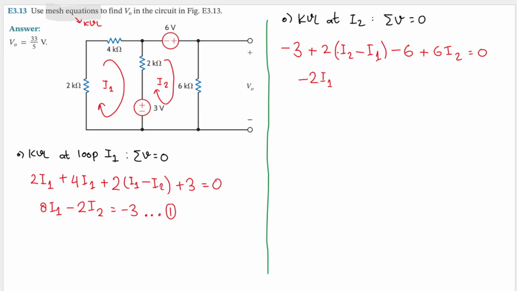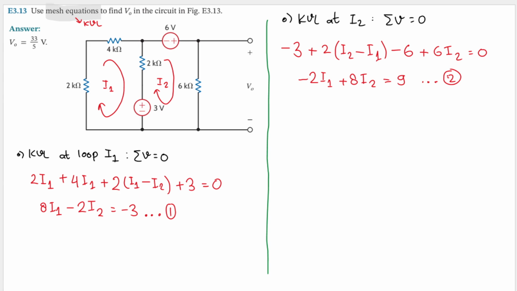And then 2I2 plus 6I2, we will have plus 8I2. Okay. And then we will have minus 3 minus 6, that is minus 9, and that will equal 9. Okay, let's save this as equation number 2.